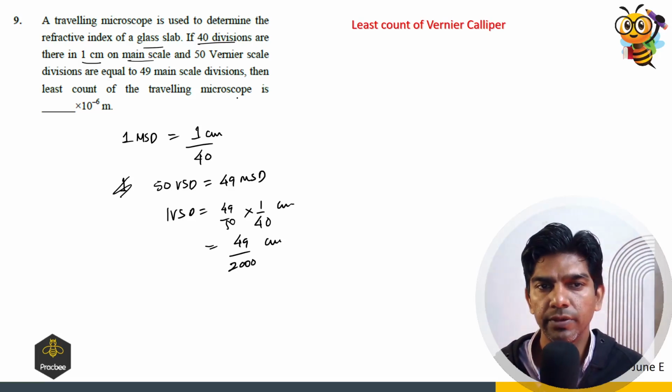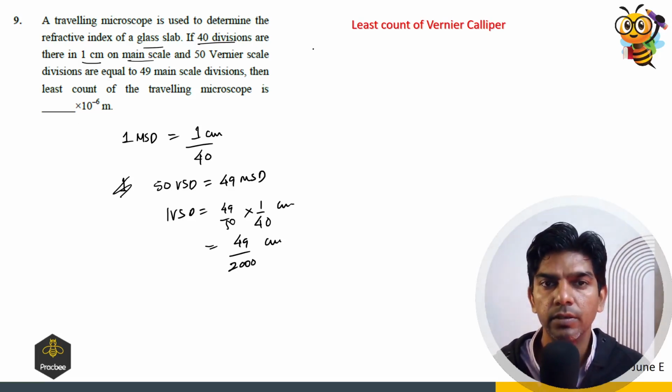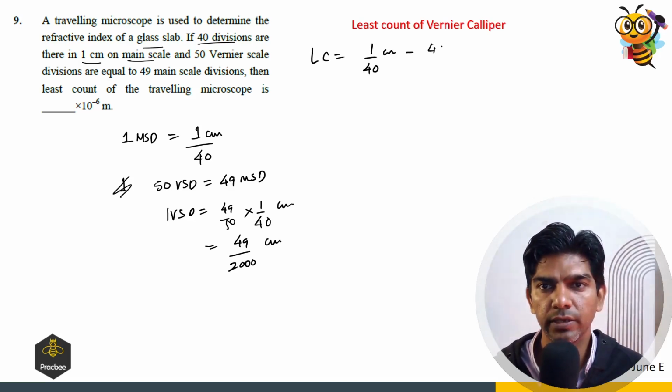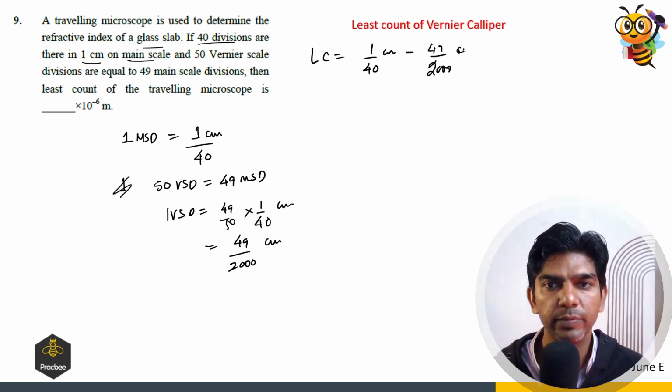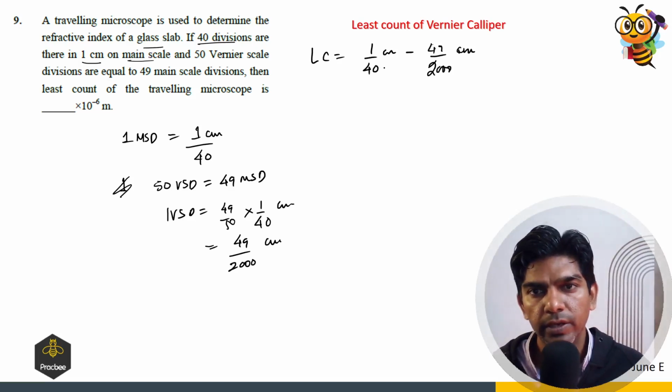Then the least count of the traveling microscope is dash times 10 raised to power minus 6 meter. So least count will be one main scale division, which is 1 by 40 centimeter, minus one Vernier scale division, that is 49 by 2000 centimeter, right? So what we can do, let us multiply and divide with 50.